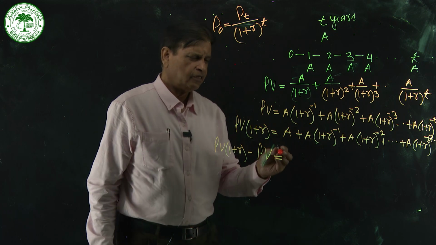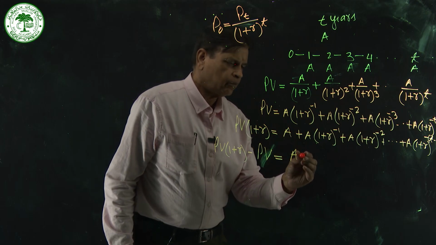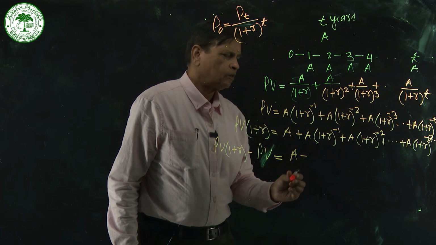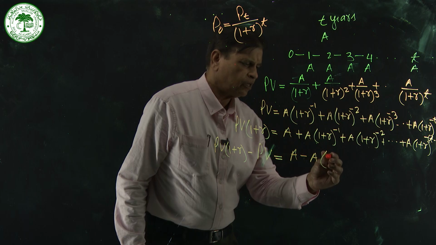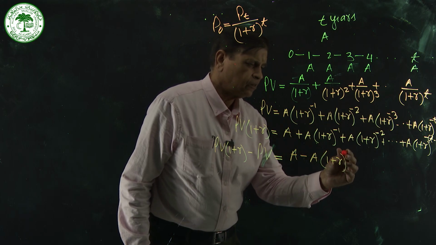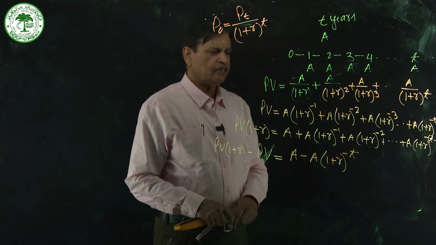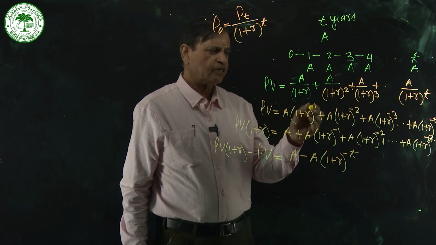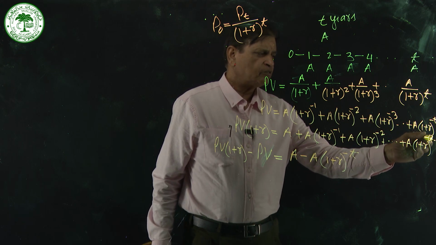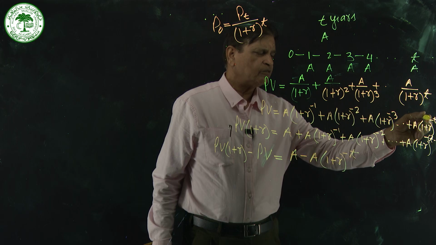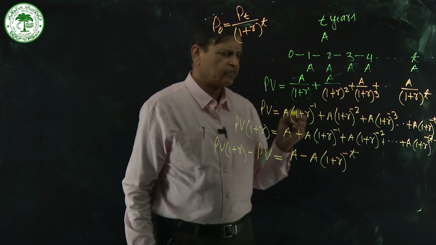So if you take the difference between the two, it will be A(1+R)^(-T) minus A... All other terms will get cancelled, starting from here, A(1+R) raised to the power minus 1, up to T minus 1, the term just before this term. So this term will remain that we have written here.